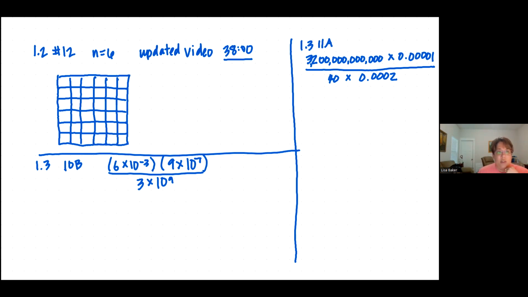They're asking you to come up with the total number of squares. And n equals 6 means that you have 6 columns and 6 rows. So this is what your square starts out looking like.